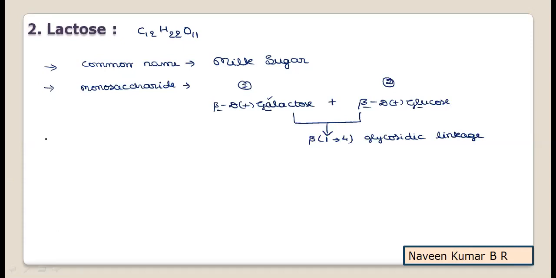Now the enzyme you can remember. Lactose will be hydrolyzed into galactose plus glucose.